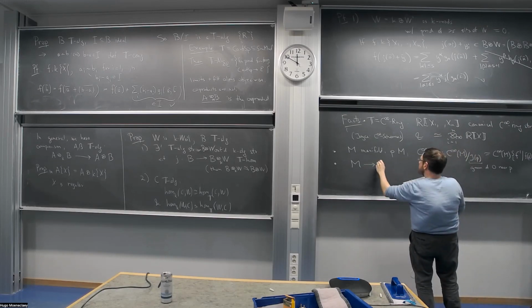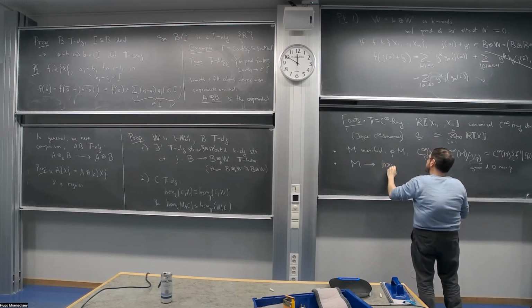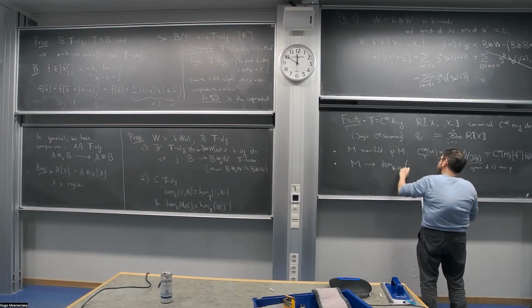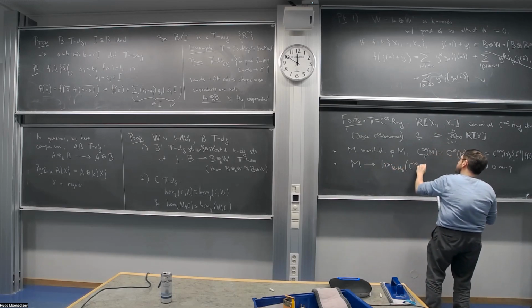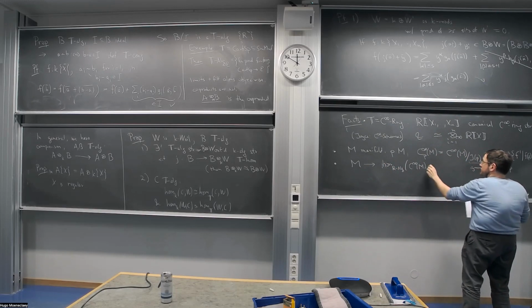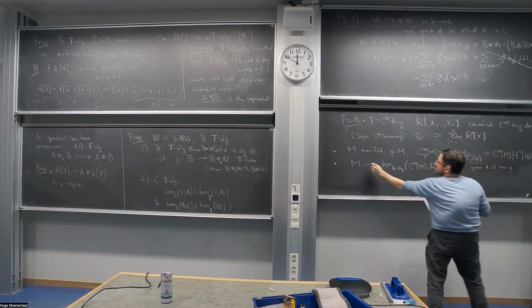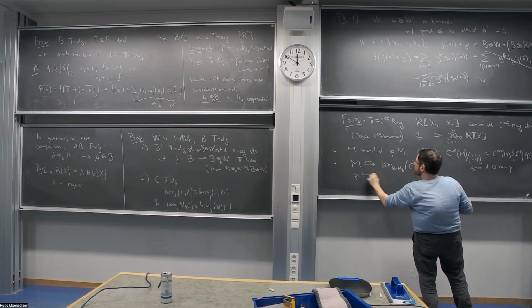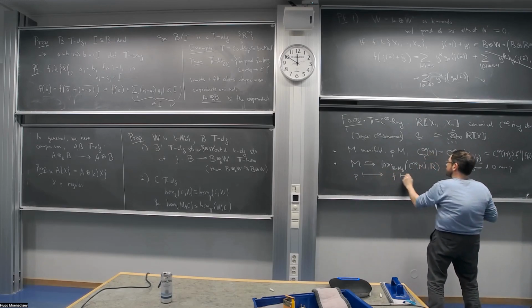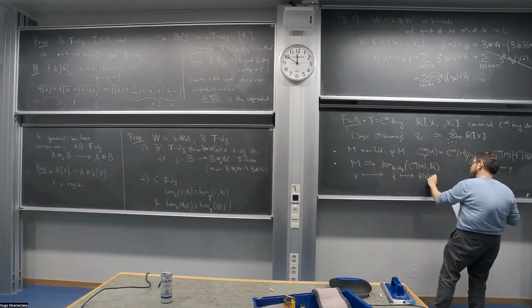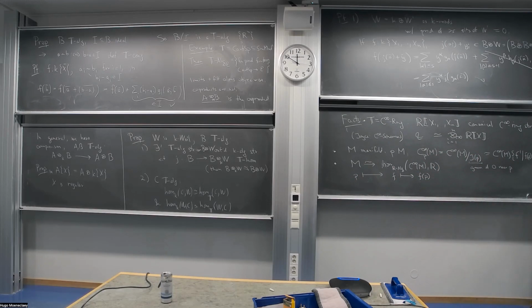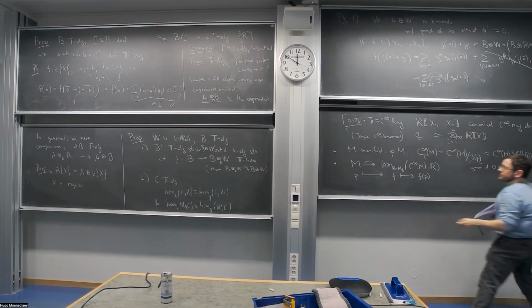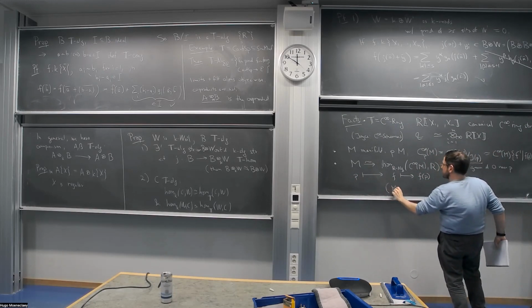You have a map from the smooth functions on the manifold M to C infinity algebras, an equivalence. So this is sometimes called Milnor's exercise.